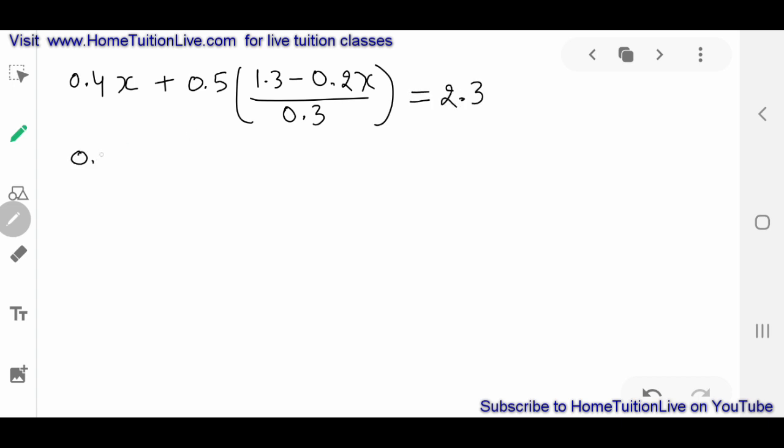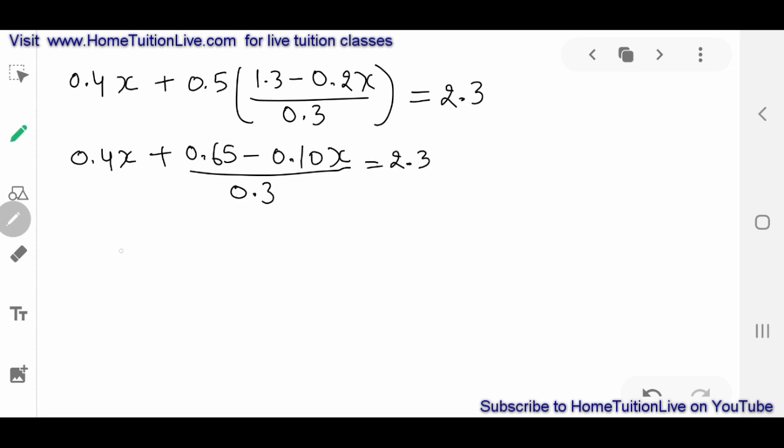This is 0.4x plus, when we multiply 0.5 in the bracket, we will get 0.5 multiply 1.3 is 0.65 minus, when we multiply 0.5 with 0.2x, we will get 0.10x divided by 0.3 equals to 2.3.